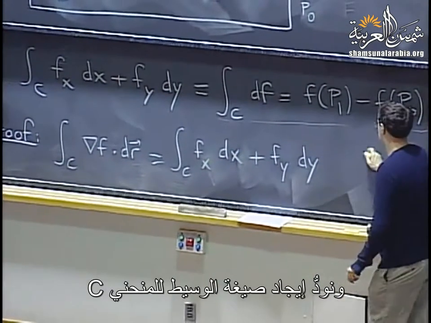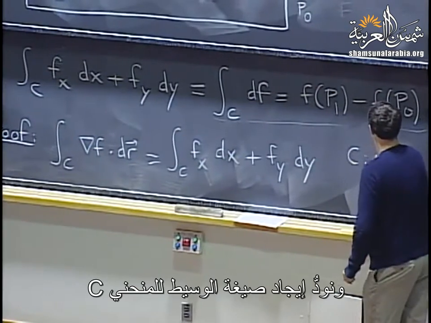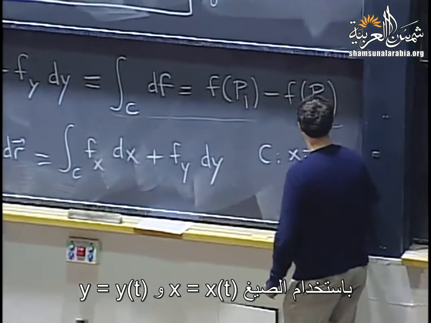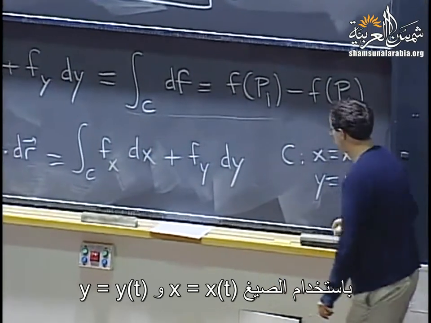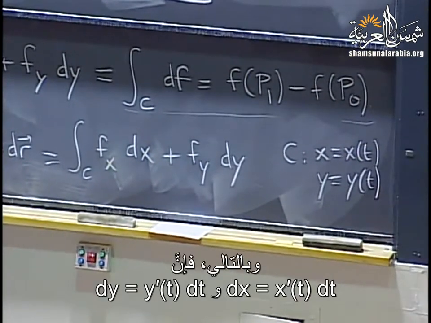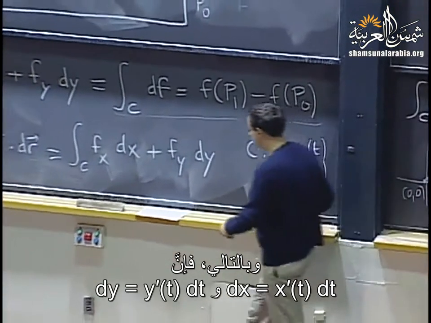And we'll want to parameterize C in the form x equals x of t, y equals y of t. So if we do that, then dx becomes x prime of t dt, dy becomes y prime of t dt.